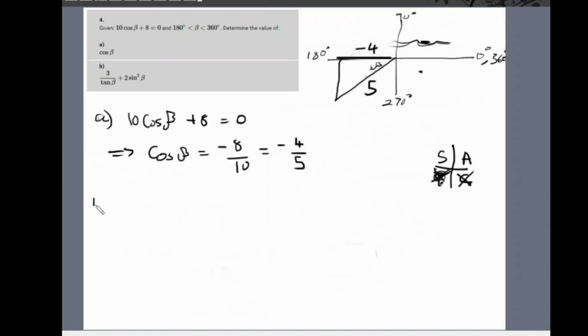Now question B: calculate 3 over tan beta plus 2 sine squared beta.